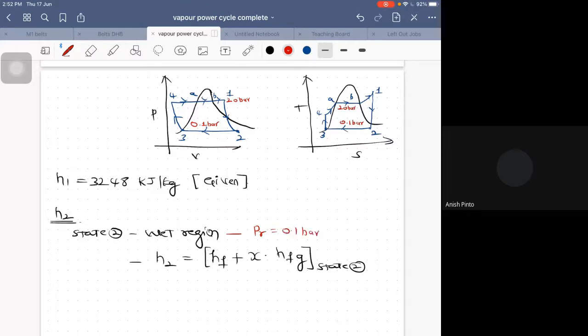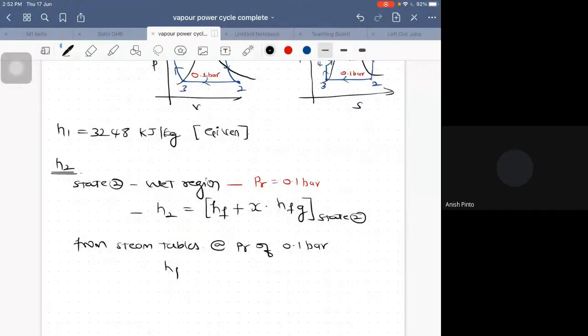So now just write from steam tables, at pressure of 0.1 bar, I have the value of HF and HFG as how much? Please give me the value by referring to the steam tables.